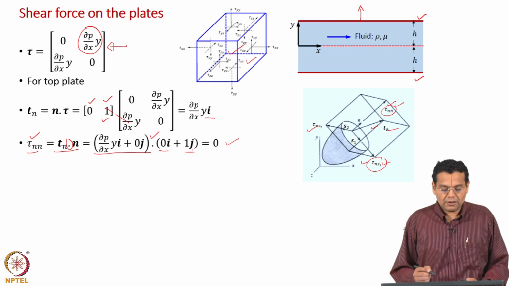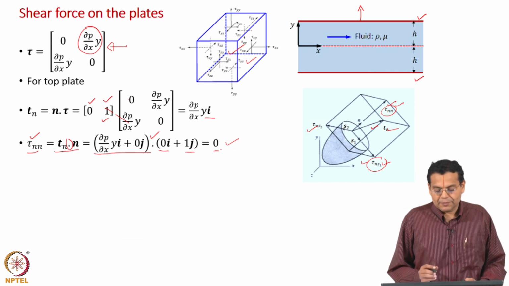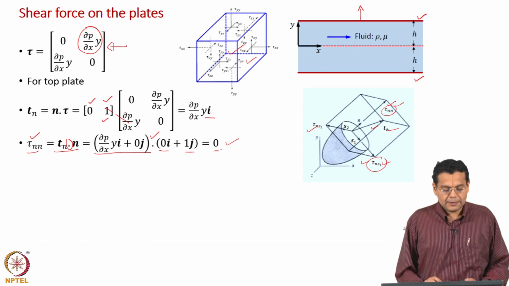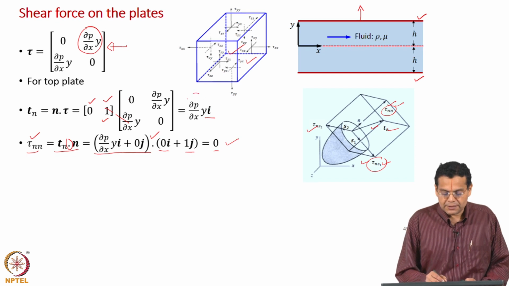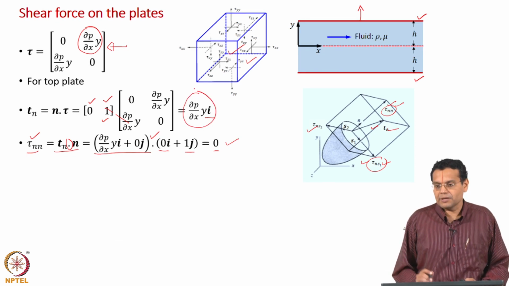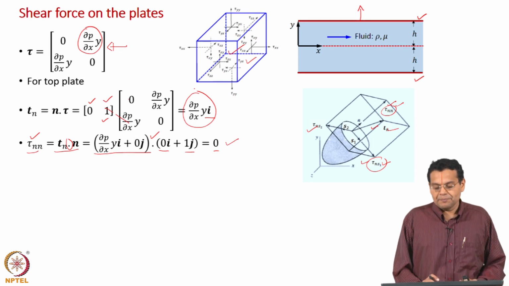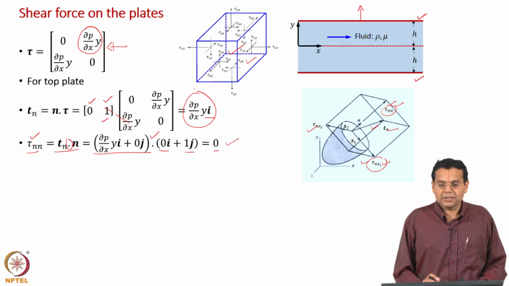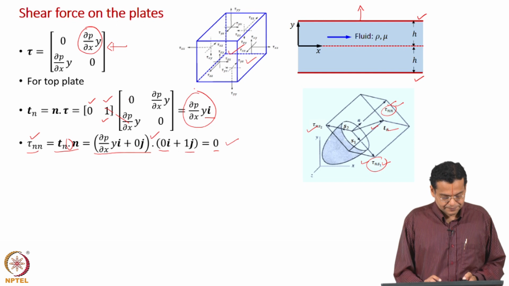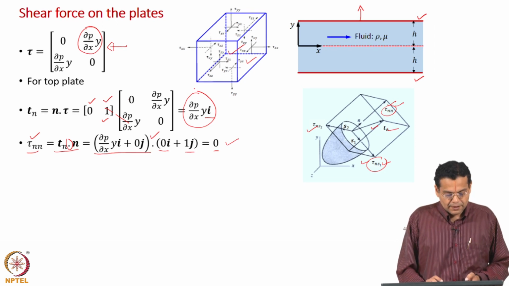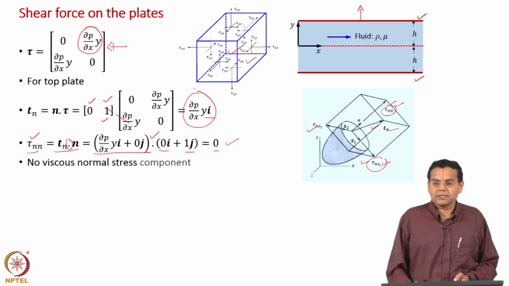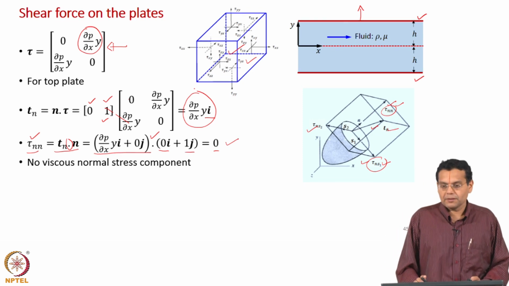So if you take a dot product you will get 0. Of course, even without doing this, intuitively we can know that the normal stress component is 0 because the stress vector is along the x direction only, it has a component along the x direction only. So without even doing this we can know that there is no normal stress component of the stress vector. Okay. Now, so there is no viscous normal stress component.